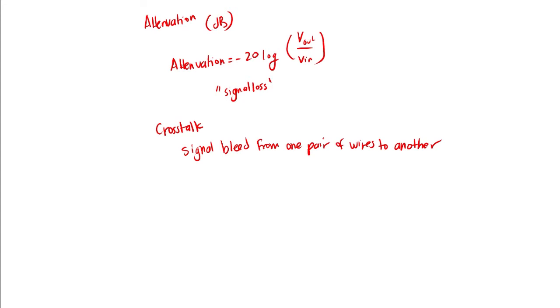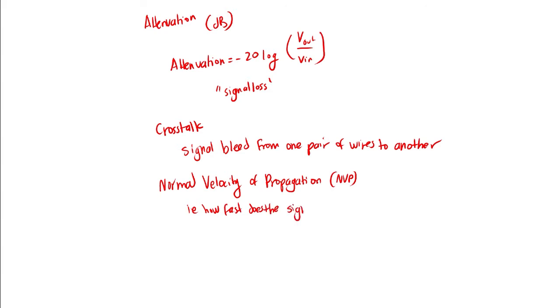And then we have normal velocity of propagation, i.e. how fast does the signal move down the cable. This is very important.